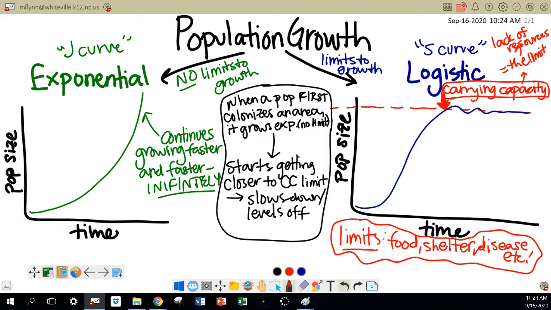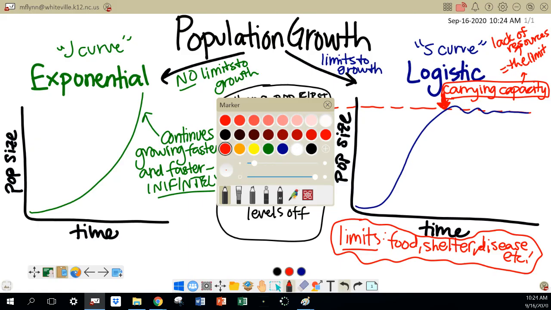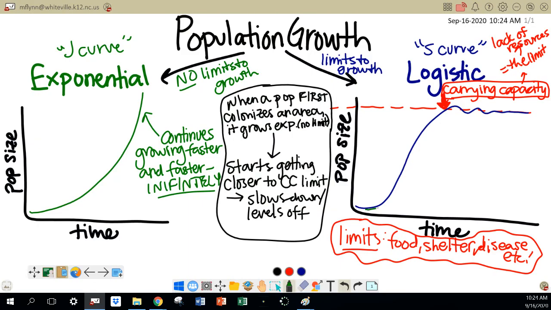So notice here, I'll use green because it sort of looks exponential right here. Along this point, it sort of looks exponential. They're basically nowhere near their limit at that point, so it's going to grow pretty fast. So, far from limit.